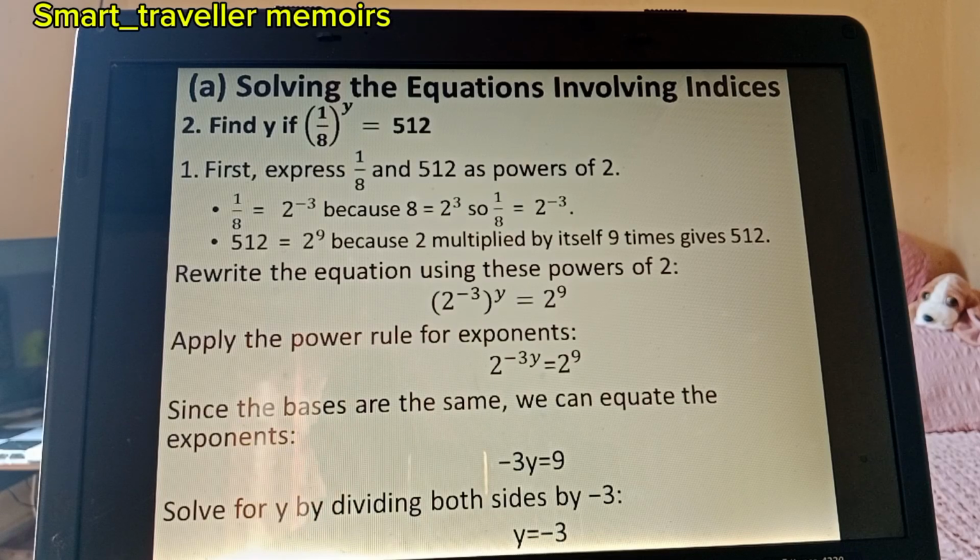All right? Remember the rule of negative indices. 512 equals 2 raised to 9 because 2 multiplied by itself 9 times gives 512.